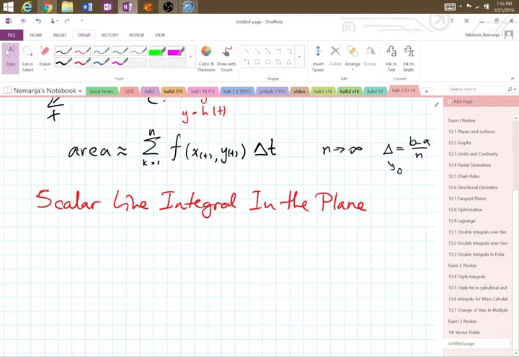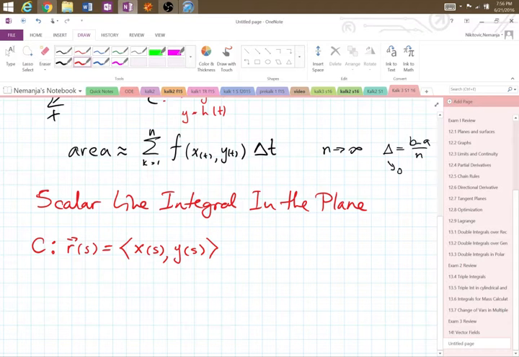so we have the C is going to be our r. Not sure why the book likes this s so much, but let's use it. Parametrized in terms of the arc length s.